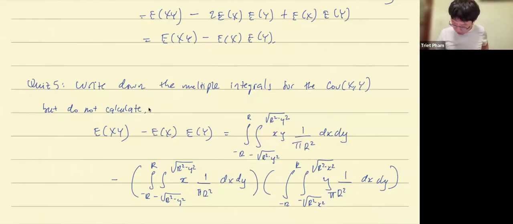I appreciate it. This should be dy dx. Thank you. That's the mistake I made. It's dy dx because I'm integrating y first for fixed x and then x out.